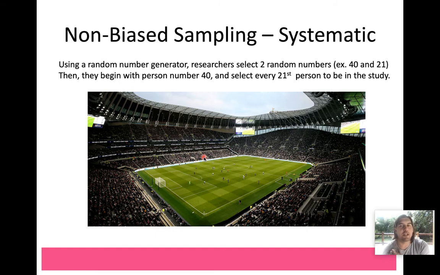You'll often see this in naturalistic settings, like a stadium, or maybe political polling, like out on the street or something like that, where you would say, okay, I'm going to generate 2 random numbers. I'm going to stand on the street corner, and starting at number 17, because that was the first number, the 17th person that walks by, I'm going to ask them to be a part of the study.